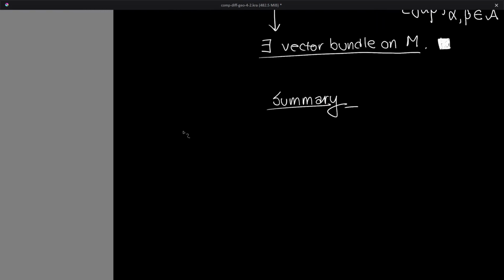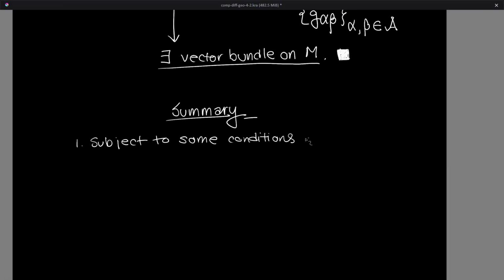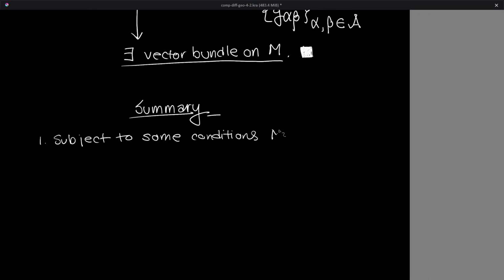Firstly, we proved that subject to some conditions, M must have a vector bundle.